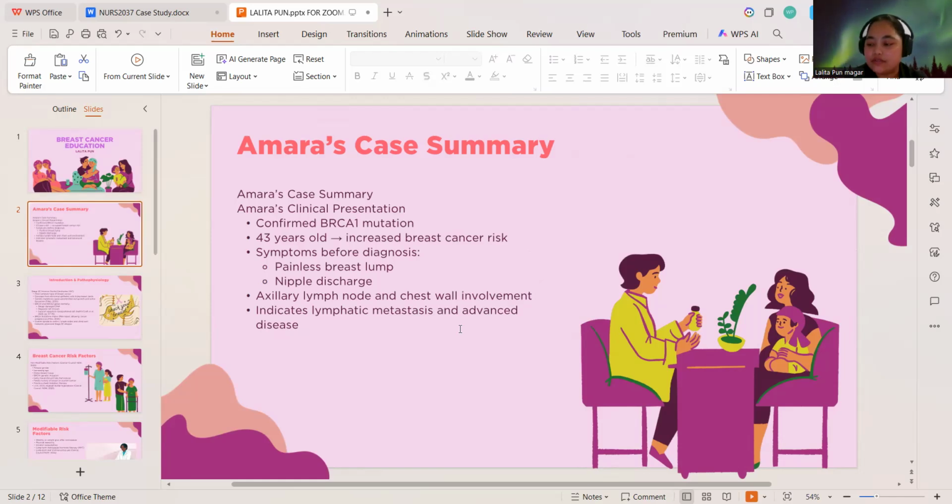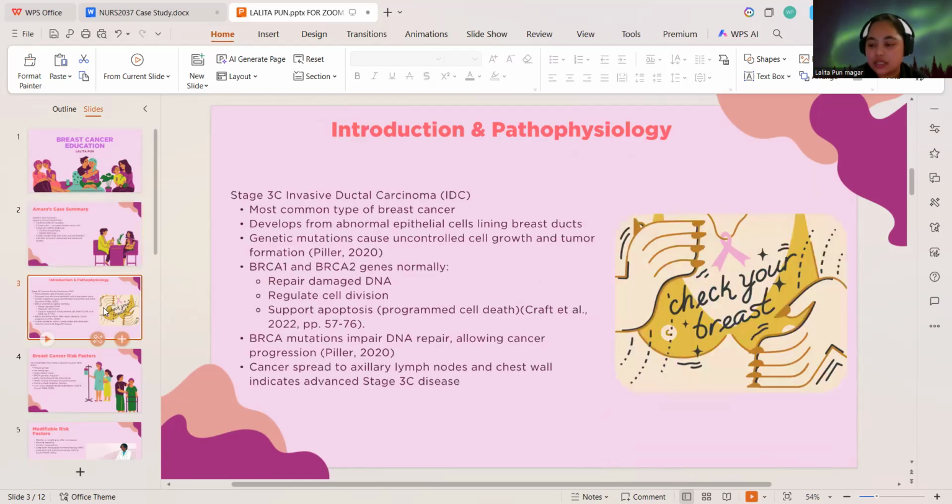They regulate cell division and support apoptosis, but when these genes are mutated, DNA repair is impaired, and cancer cells may avoid apoptosis, allowing cancer cells to survive and continue proliferation.